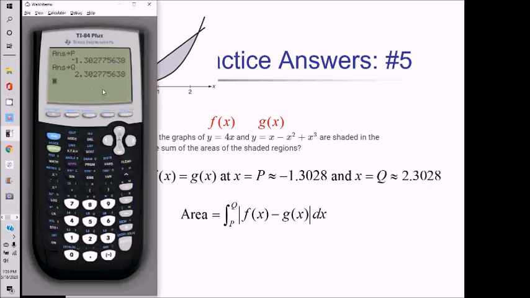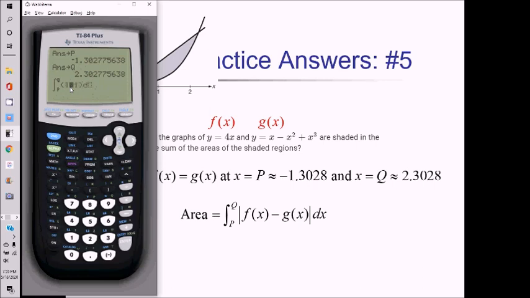So here we are again, just to show you how I'm entering this in. I'm going to do math 9 for integral, and then alpha p and alpha q as my limits of integration. In here, I need the absolute value, so I'm going to do alpha, and then window pulls up a menu that has abs on it, so I'll press enter for abs, absolute value.